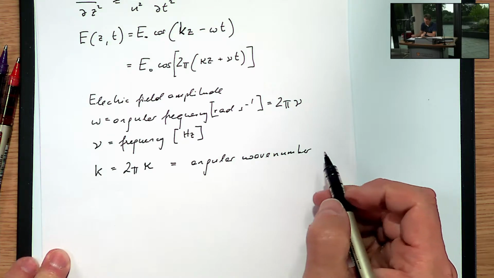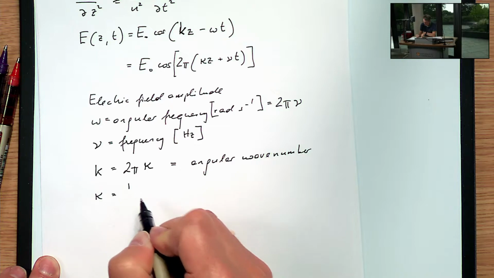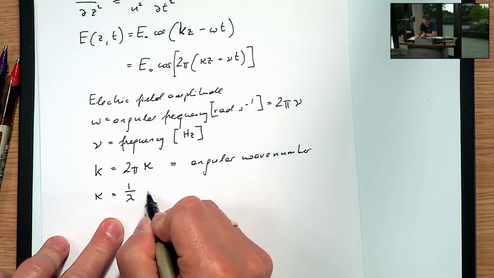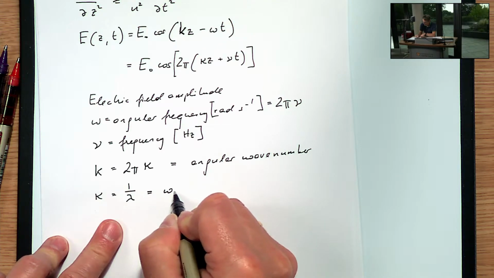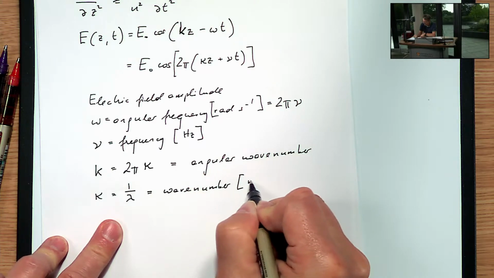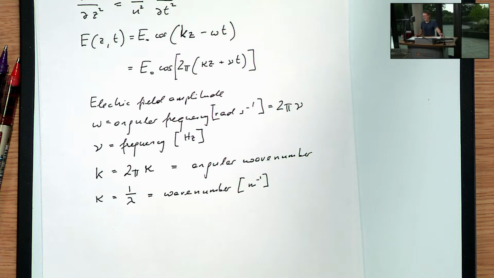And kappa is equal to 1 over lambda. Lambda is the wavelength of light, and kappa is the wave number. And it has units of per meter. Okay, so this is very simple to understand.